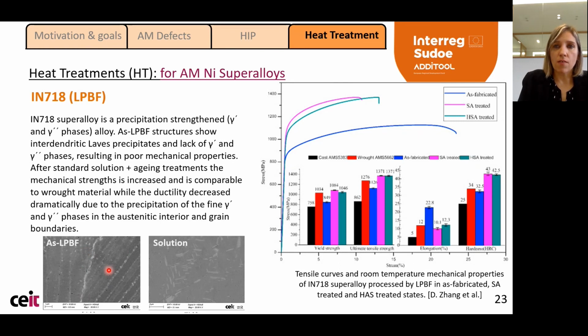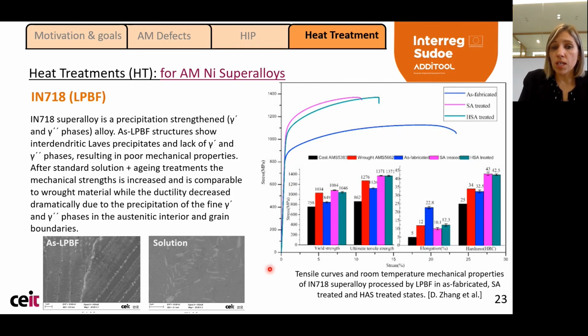And also because we have this fast cooling, we don't have time to precipitate the gamma prime and gamma double prime. Therefore, the initial AM material doesn't have the correct properties. We have a material with low strength because we don't have gamma prime and gamma double prime, and we have a high elongation, but the problem basically here is that we have to increase this strength.